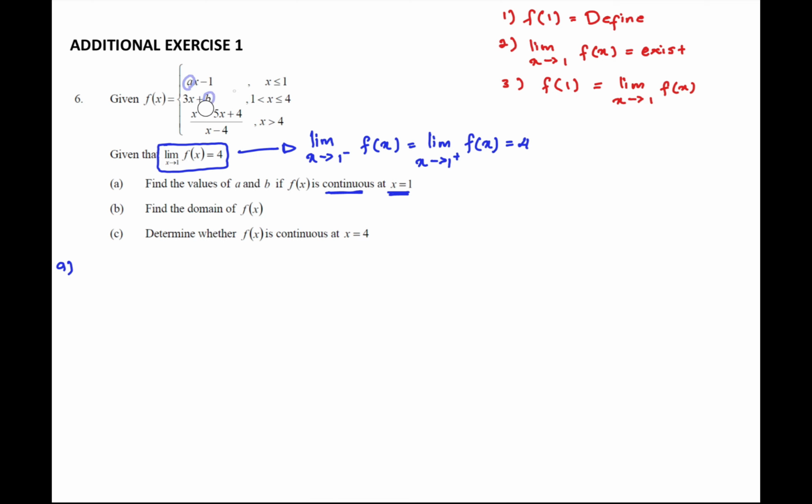So we can take the limit as x approaches 1 from the left. From the left means less than 1, which is this function, ax minus 1, and this should be equal to 4. Why equal to 4?